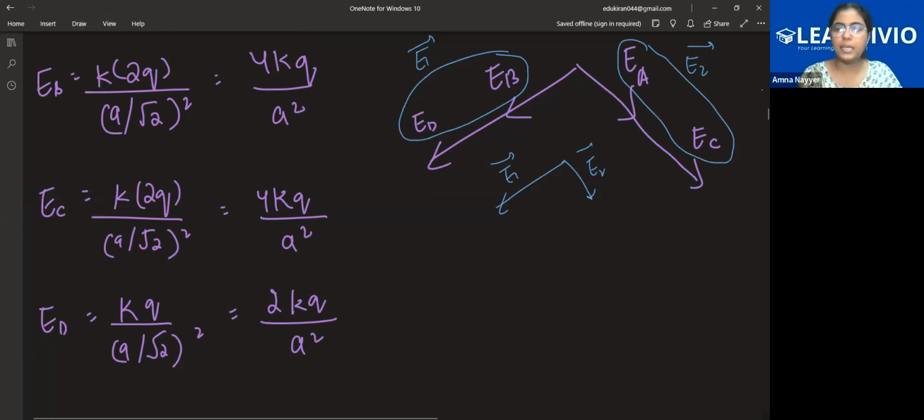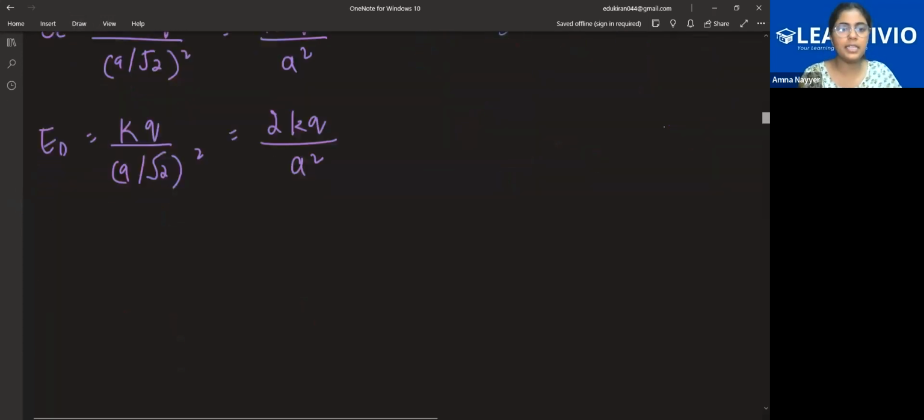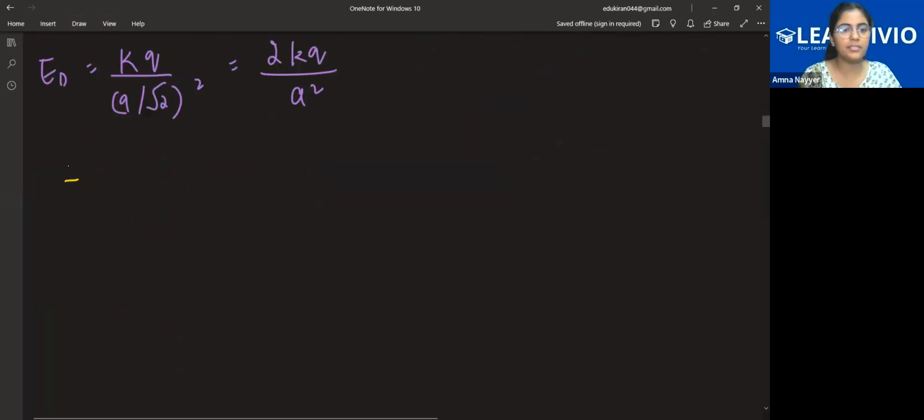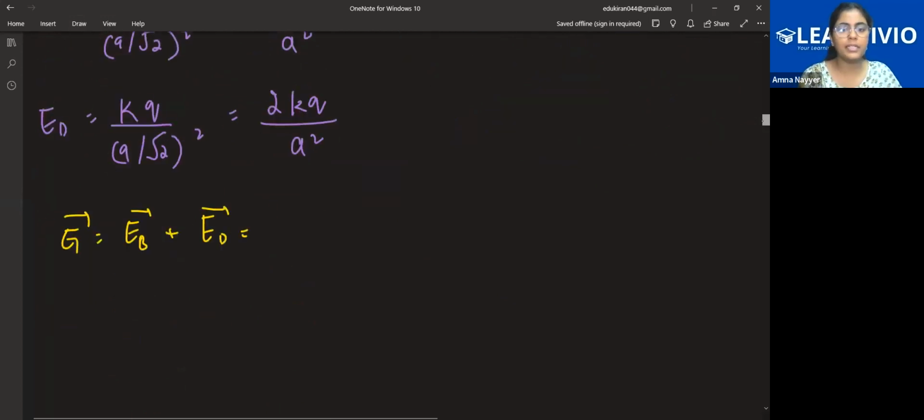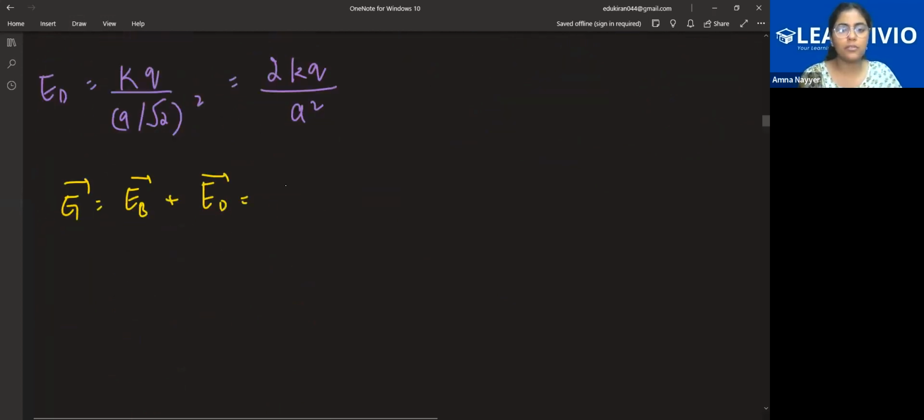So EB plus ED, let's add them. Let's get E1 first. E1 will be EB plus ED. What is EB? EB is 4kq by a square, ED is 2kq by a square.